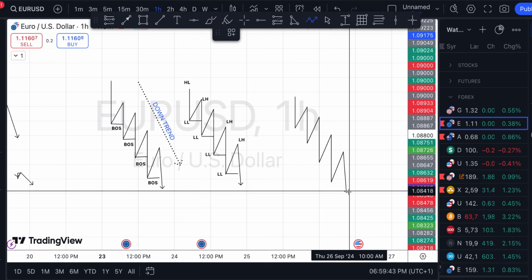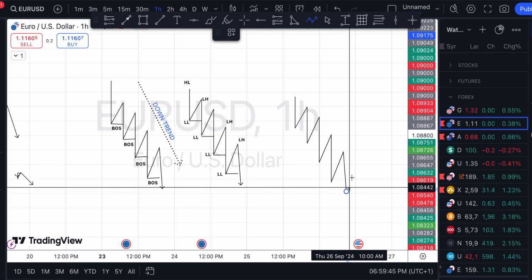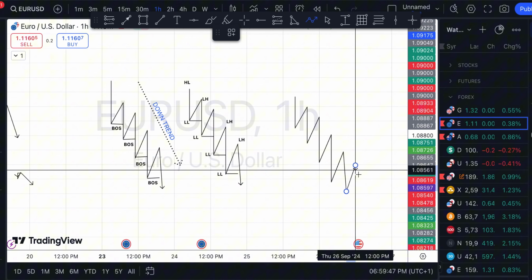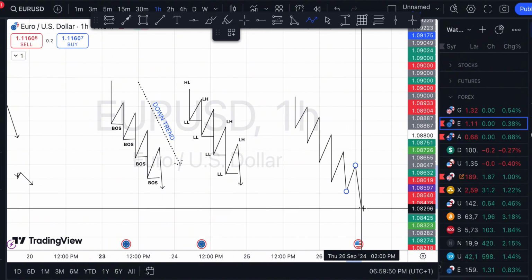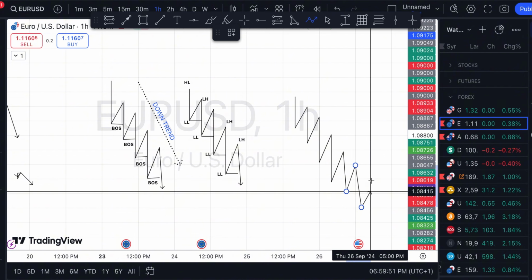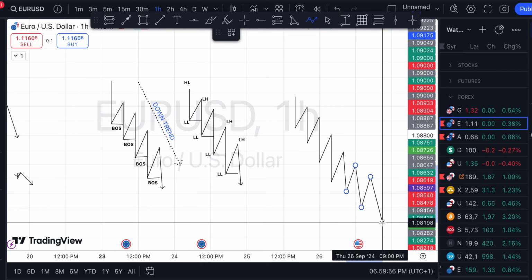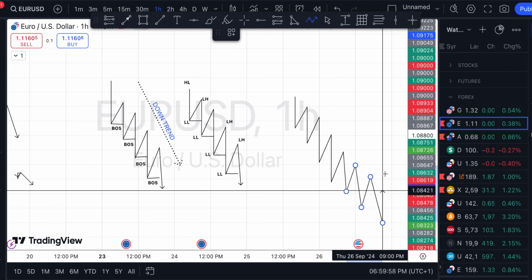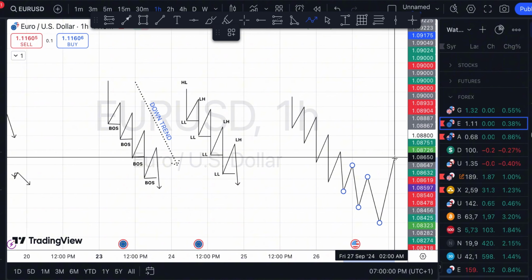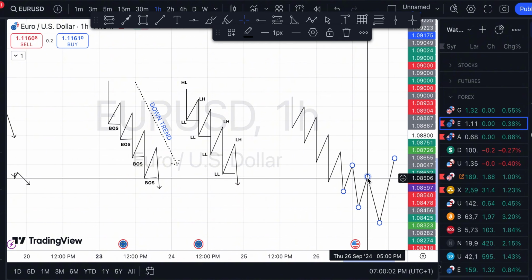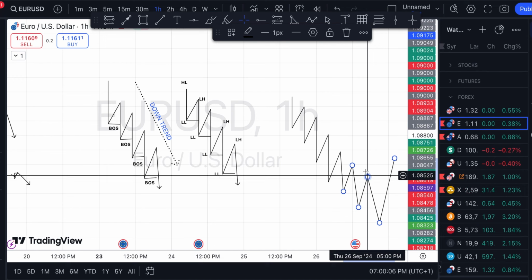So let's say price went up here, came down again, went up again, came down again, and then price did something like this. Boom. You see this last low, this last lower high?